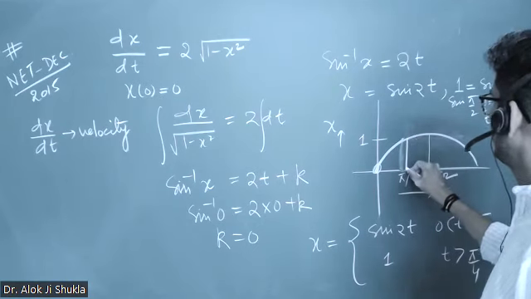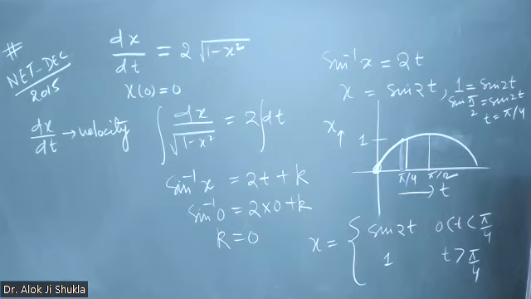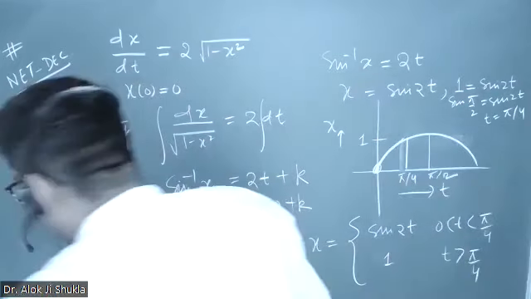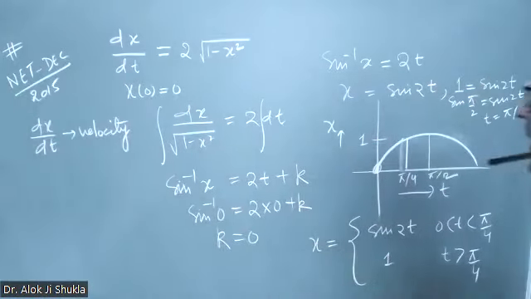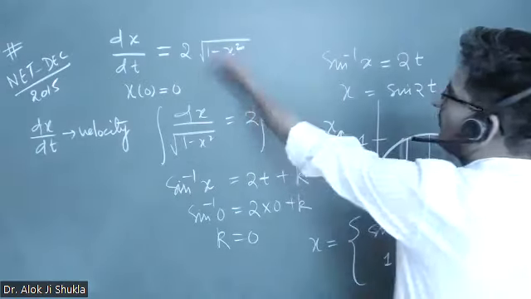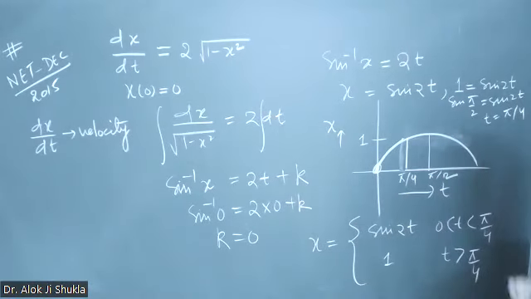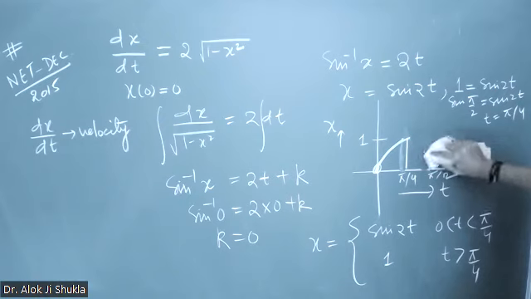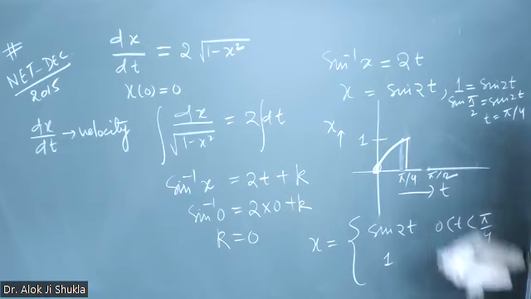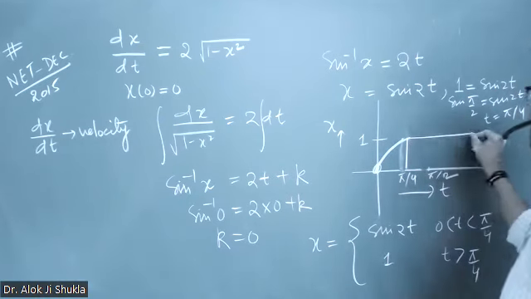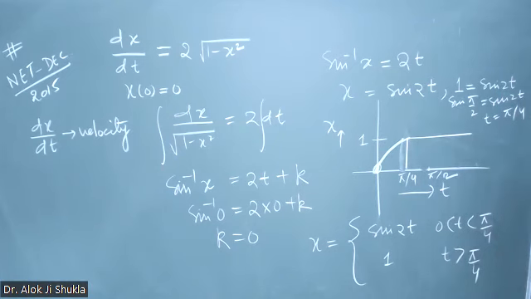Correct? But after pi by 4, x can't go beyond 1. You can see it is under the root. So you will just put a restriction that after pi by 4, it will be at the same value. Okay?